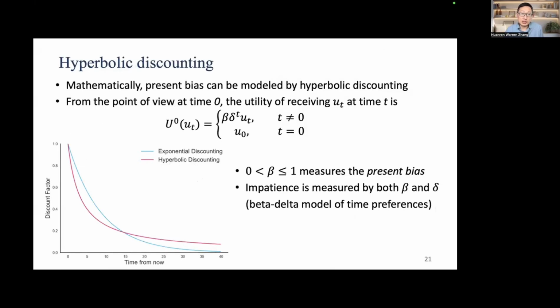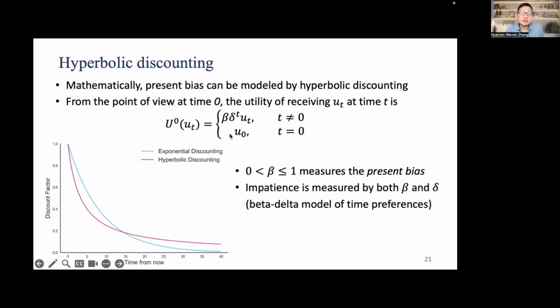So mathematically, we can model present bias using hyperbolic discounting. Present bias can be measured by an additional parameter, beta. So you see here the hyperbolic discounting model differs from the exponential or discounted utility model simply by adding a parameter that measures present bias.